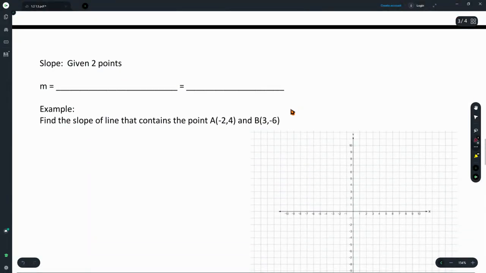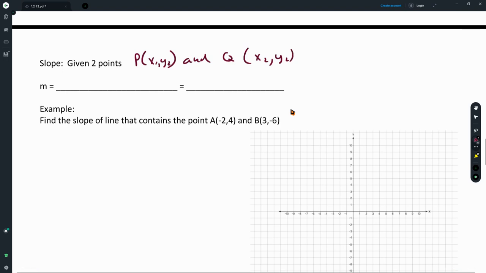All right, so we're going to go more into linear functions here. When you are given two points, say point P with coordinates x1, y1, and point Q with another pair of coordinates, the slope between these two points is the change in y over the change in x.